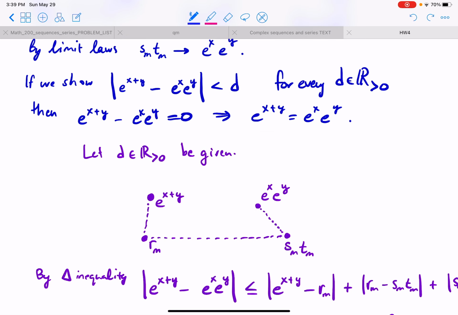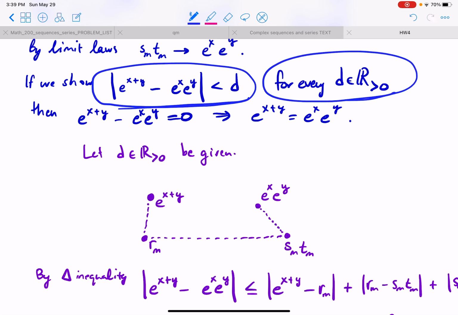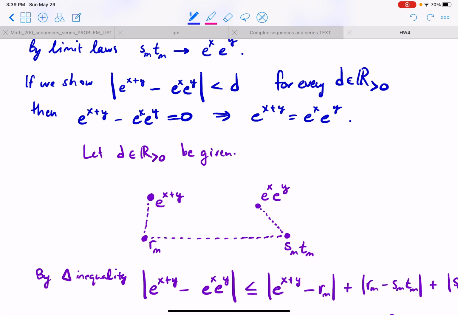If we show that this thing is less than d for every possible d, I think I started using epsilon later, but for every possible positive d, then actually that number is 0. The actual complex number here is 0.